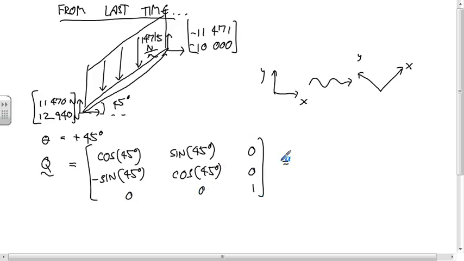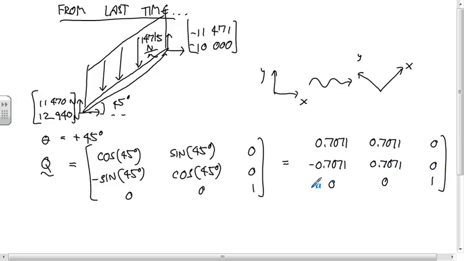And you get a value of 0.7071, 0.7071, 0, negative 0.7071, positive 0.7071, 0, and then 0, 0, 1.